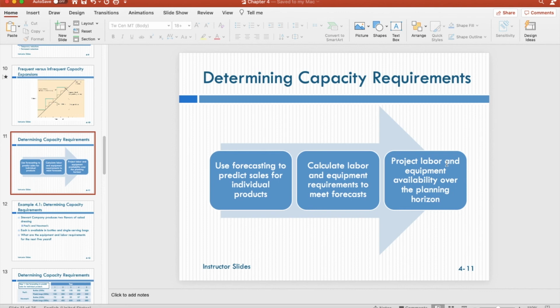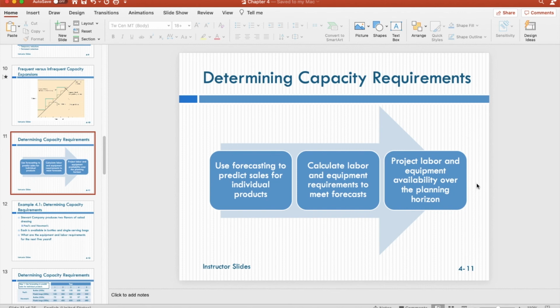Then, in order to maintain that capacity level, do we need to buy some new equipment, or do we need to shut down some equipment? Do we need to recruit some new labor, or should we lay off some current laborers in order to save some money? That's the whole procedure about the capacity planning.